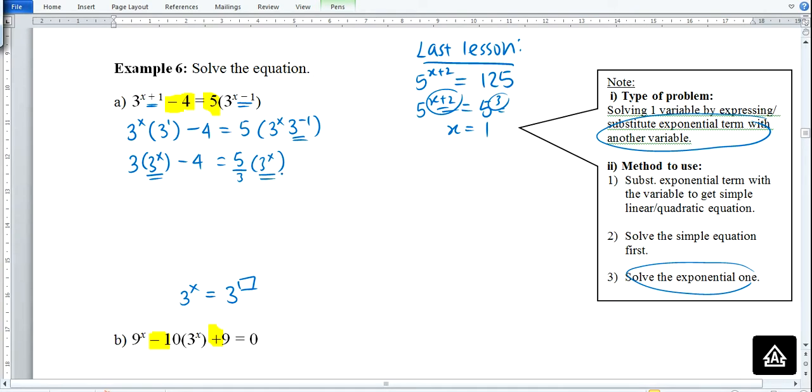And to make solving convenient, when there's 3 power x all in place, we're going to use this trick called substitution. So we're going to let 3 power x be a. So if 3 power x is a, I can replace all the 3 power x with a.